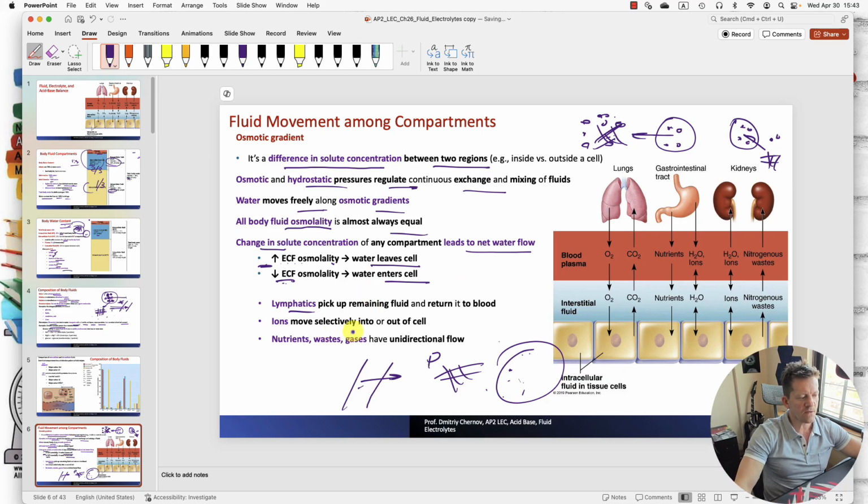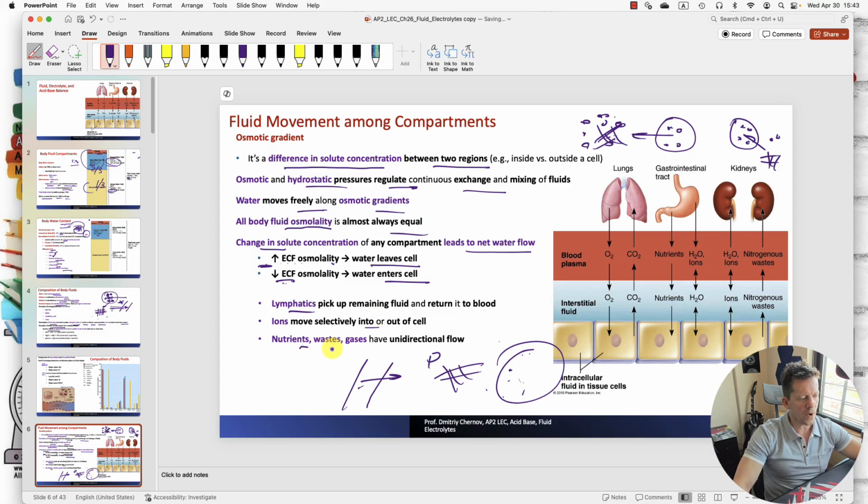Ions move selectively into or out of the cells through channels. Maybe your body does not really need that many, and it can prevent movement because it's a semi-permeable membrane, so it decides due to various factors.